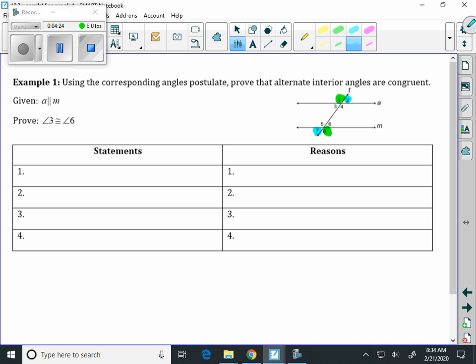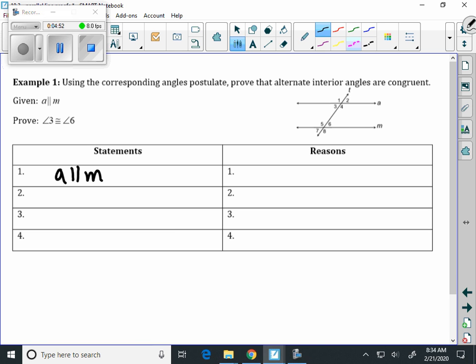So some old vocab that may come back into play here as we jump down to our example number 1. Again, the nice thing is that a lot of these parallel line proofs are very much the same. And in fact, we can still start our proof like we always do, with our given.